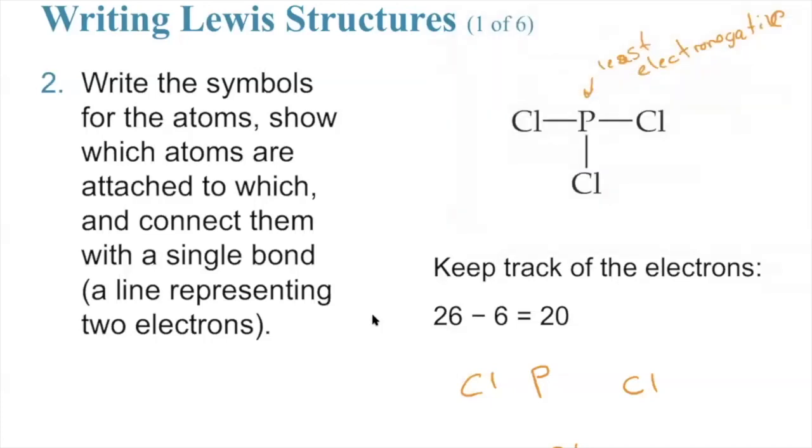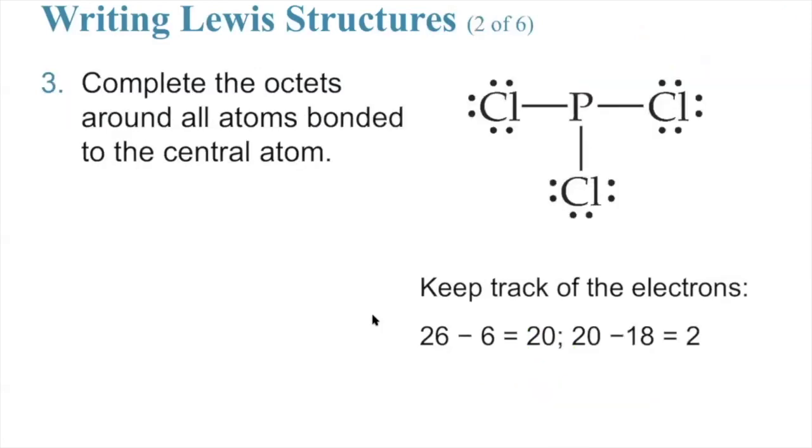Now you want to start distributing your electrons. The first thing you want to do is connect the atoms. Each bond represents 2 electrons, so 2, 4, 6. Now you have 20 valence electrons left. What you are then going to do is complete the octet of all the atoms on the outside.